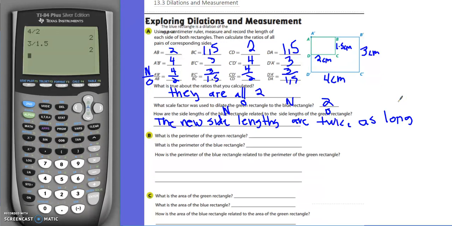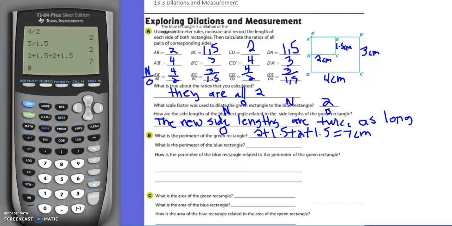Okay, what is the perimeter of the original figure? Okay, well, that's just going to be 2 plus 1.5 plus 2 plus 1.5, which is going to get us 7 centimeters.